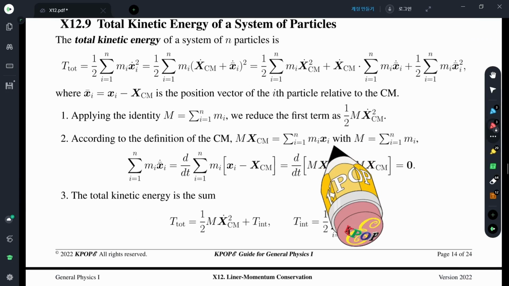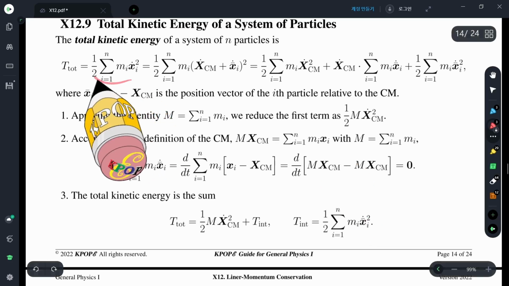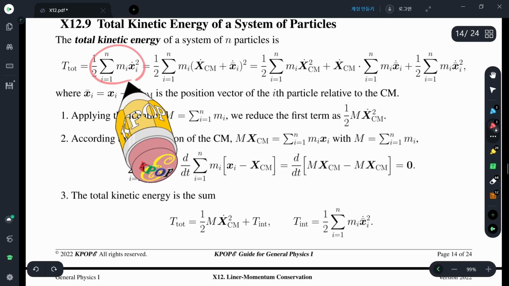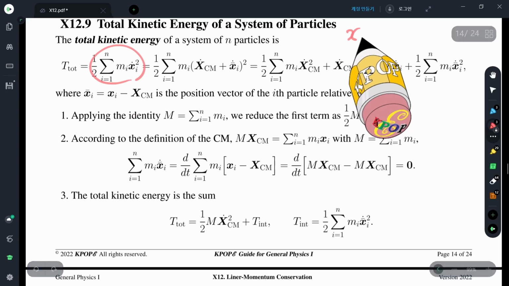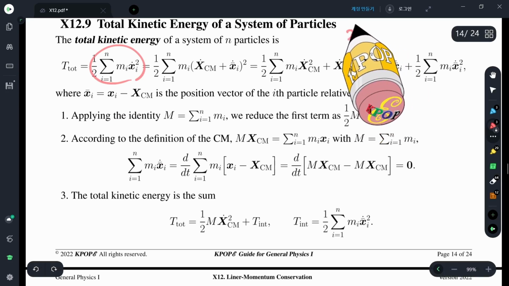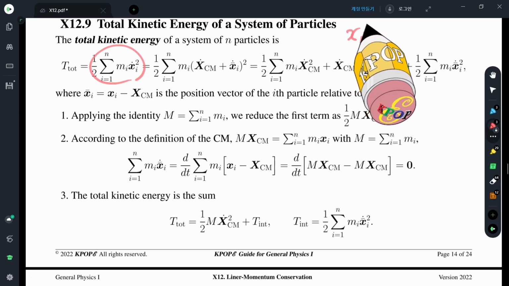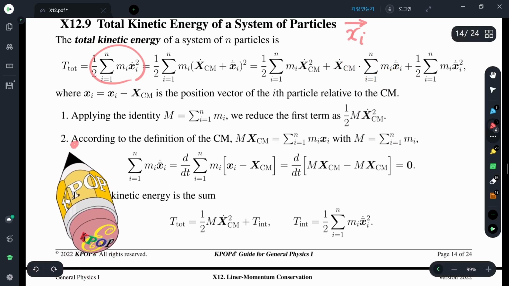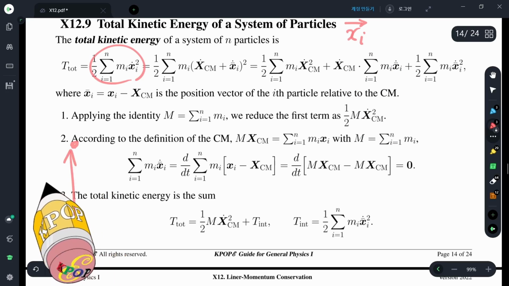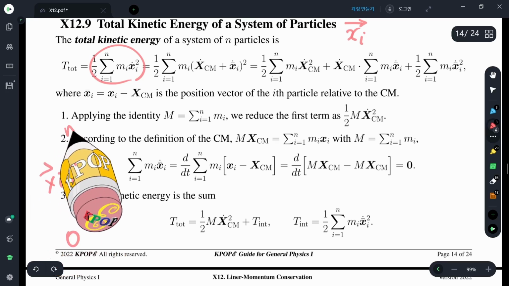Next, we consider the total kinetic energy of a system of particles. Total kinetic energy is the sum of all of the kinetic energies of the particles. Because of the position of a particle, we introduce some new variables. A particle has a position from the origin, xi, and a mass mi.